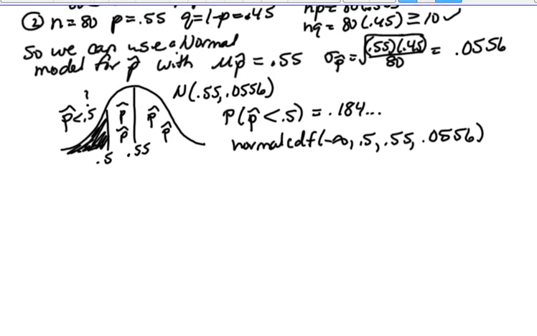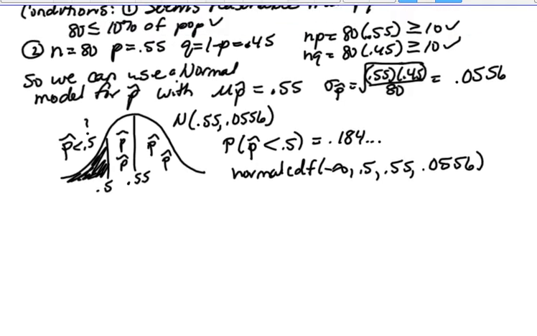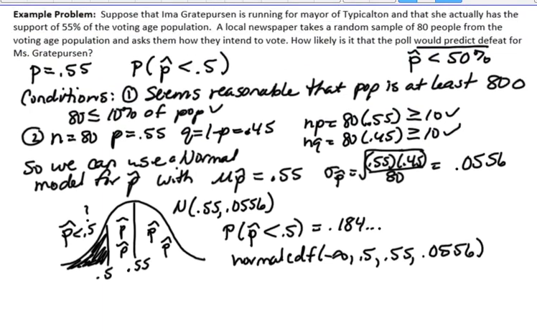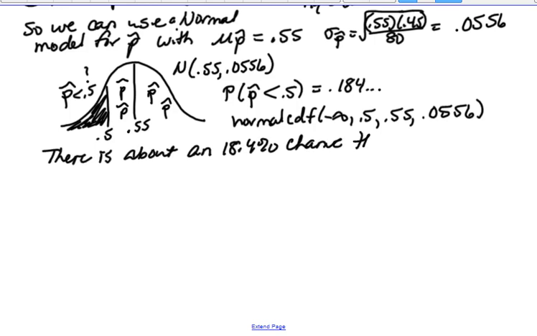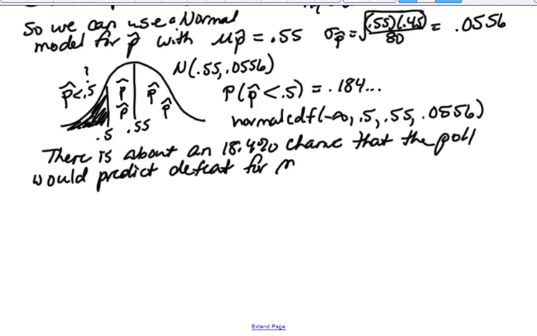So there's an 18.4% chance that, given a population proportion of 55% who support Ms. Great Person, the poll would still predict defeat for her.